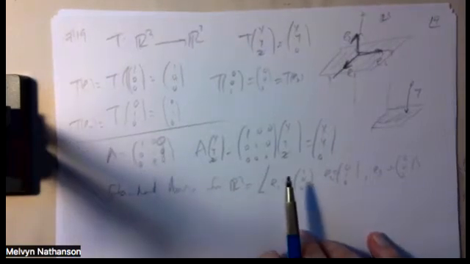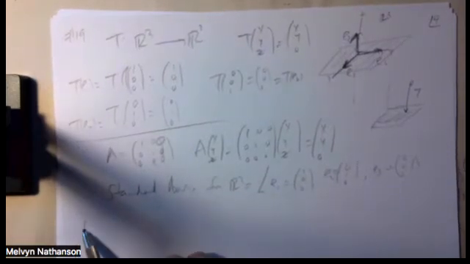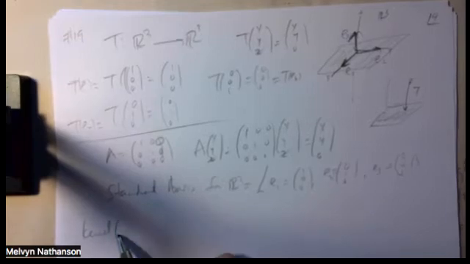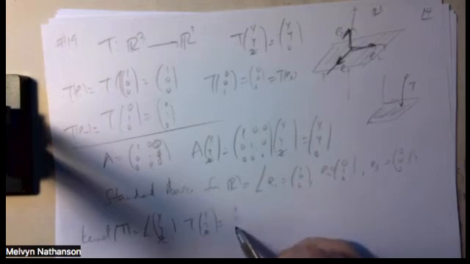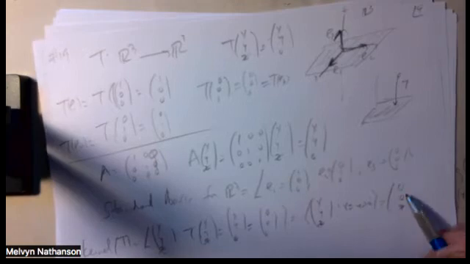And if you wanted to work this out carefully, the kernel of this map is all X, Y, Z such that T of X, Y, Z, which is X, Y, 0, is equal to 0, 0, 0, which means it's the set of all vectors X, Y, Z where X equals Y equals 0. That's the set of all vectors 0, 0, Z. Just the Z-axis.